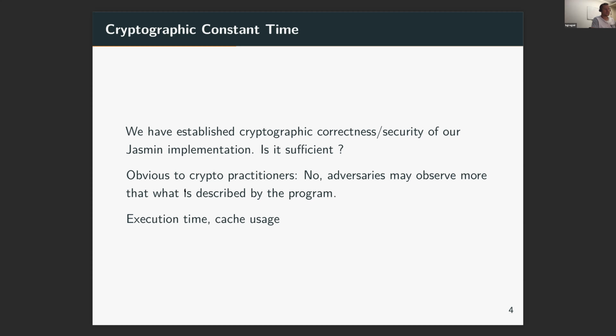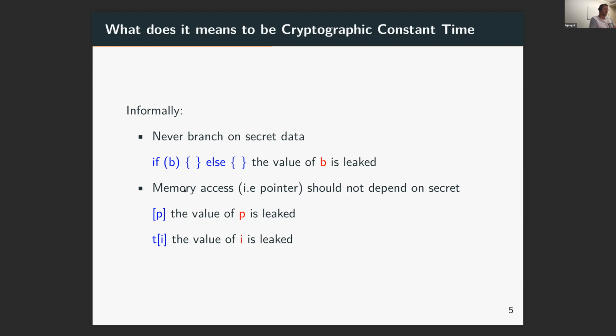So for crypto implementation, it is really important to be what we call cryptographic constant time. Informally, it's a kind of programming discipline where you never branch on secret data, because when you do a branching, you consider that the value of the test on which you branch will be leaked to the adversary.